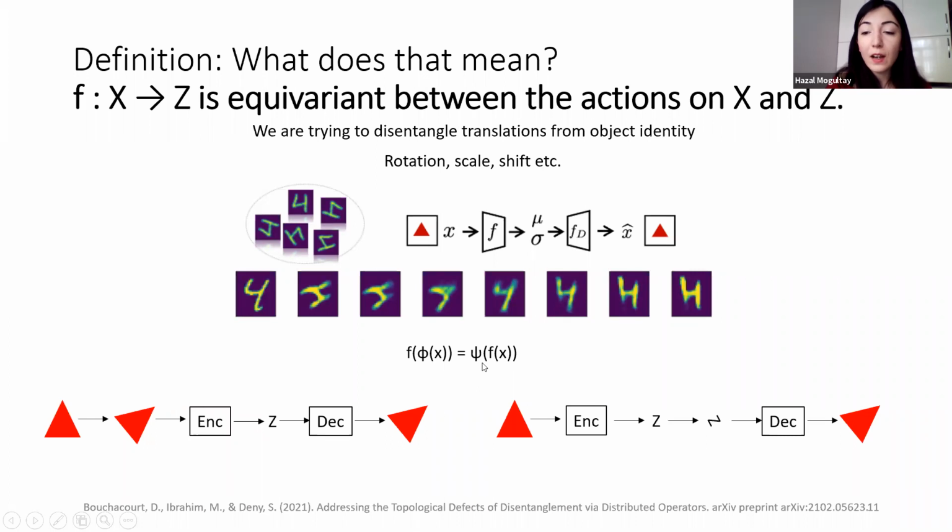So if we can find a mapping such that given an image to an encoder and then applying an operator on the representation space and then decoding it, produces exactly the same output, we didn't change the identity, we just changed the application of the operator space. So if we can find such a mapping, we can say that we are disentangling identity from translation.